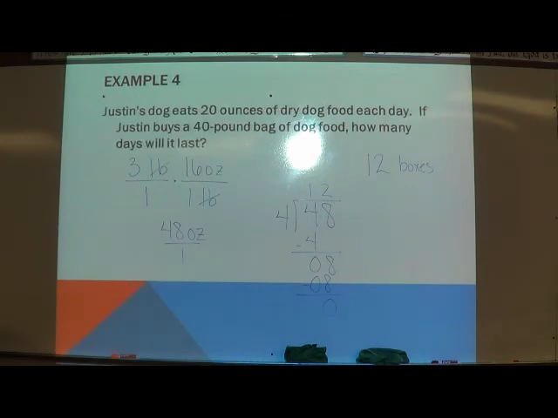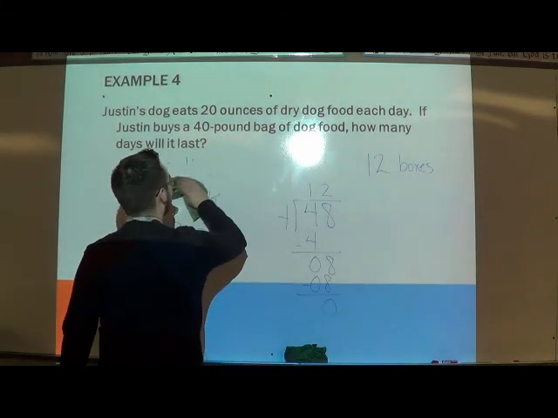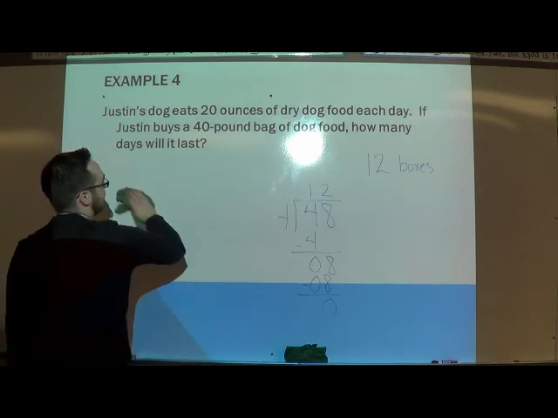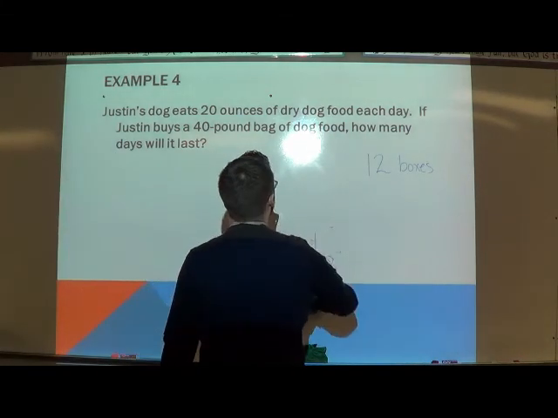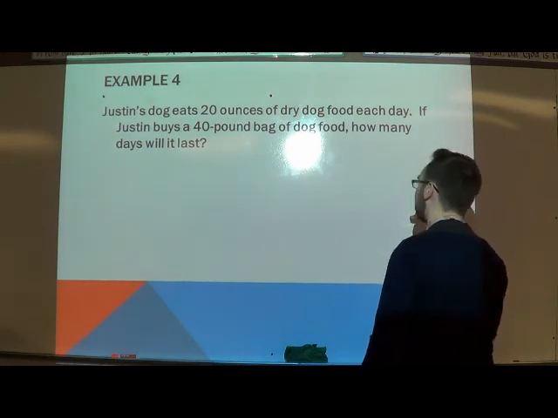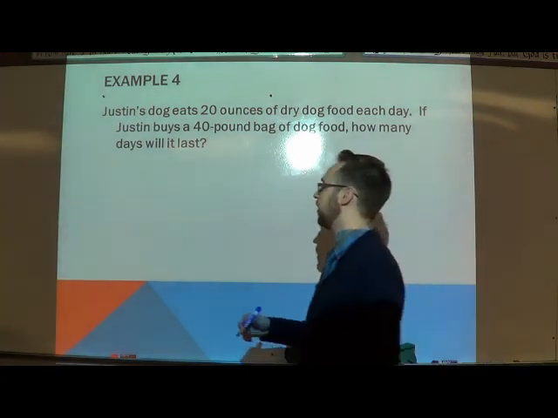So if we take a look at one more example, it says Justin's dog eats 20 ounces of dried dog food each day. If Justin buys a 40-pound bag of dog food, how many days will this last? We're doing the same kind of thing. We've got to convert those pounds back to ounces and then figure out how many times will 20 go into that.